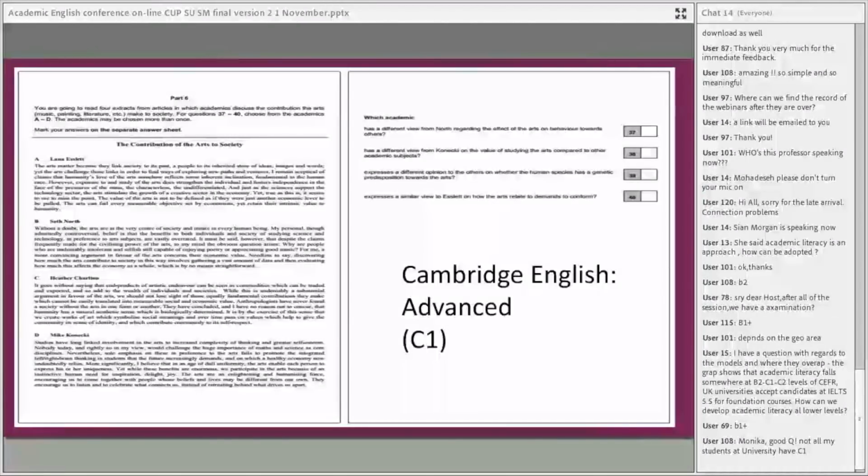So what tasks can we use to assess higher level language proficiency?